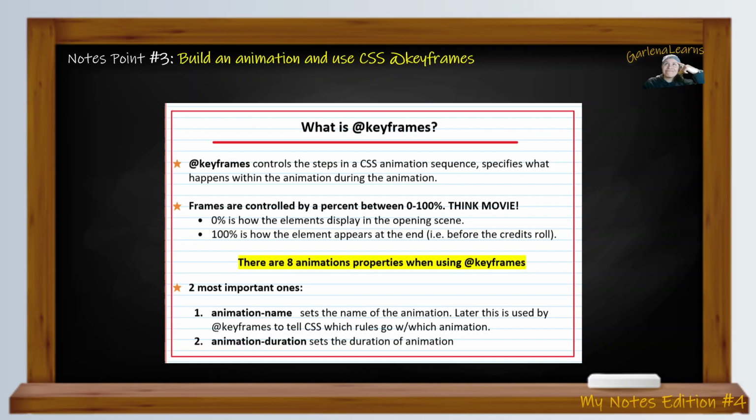The animation name names your animation, and you need that name so that whatever animations you use, it knows what to tie the name to. And the animation duration is how long the animation will run.